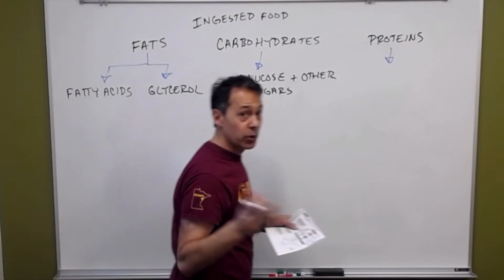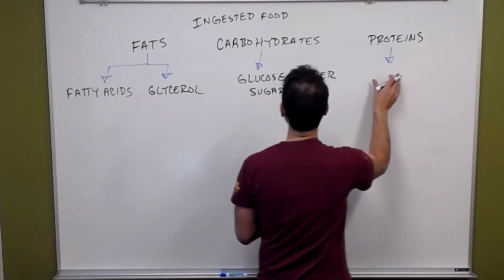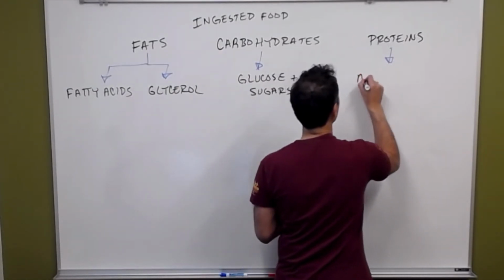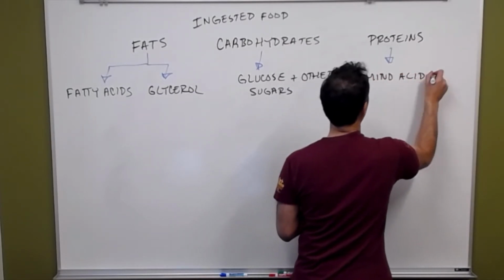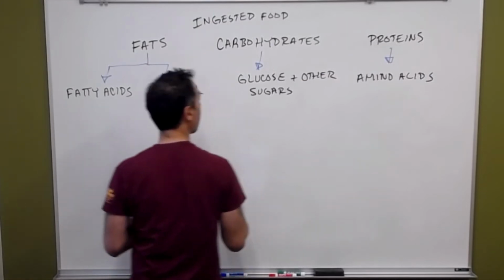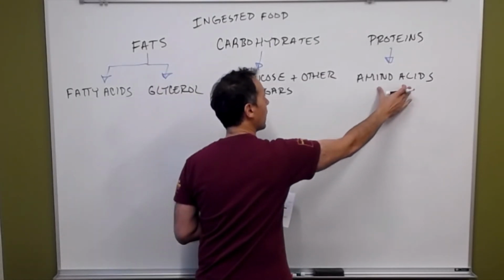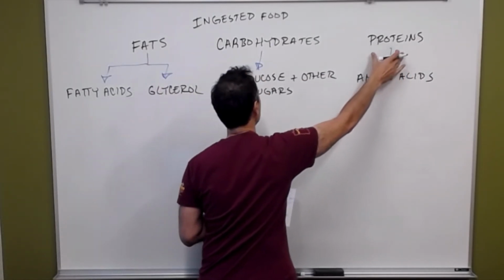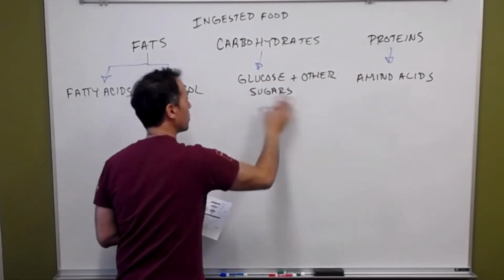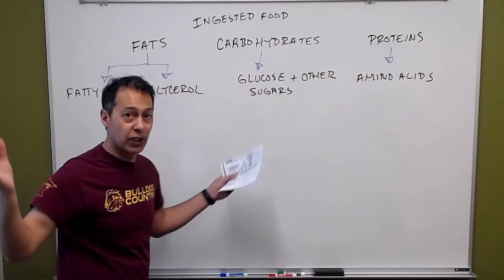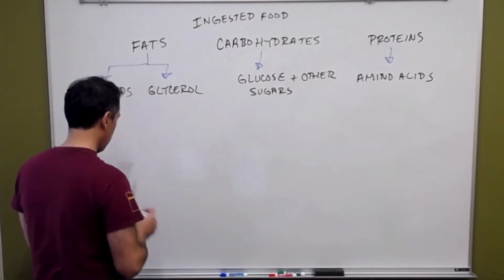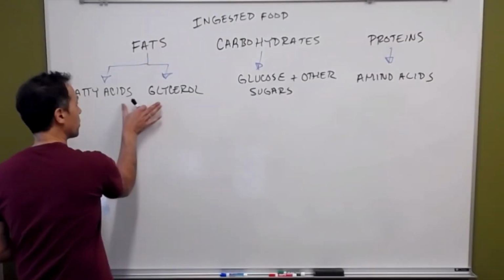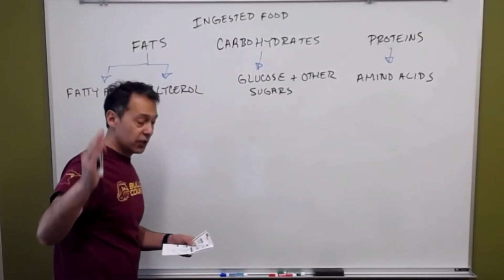And then our proteins will get broken down into amino acids. Okay, and we took a look at amino acids in the unit on proteins, and we took a look at glucose and other sugars in carbohydrates. It's almost like all of this stuff is coming together somehow. Crazy. All right, now these molecules are small enough to be absorbed in the small intestine.